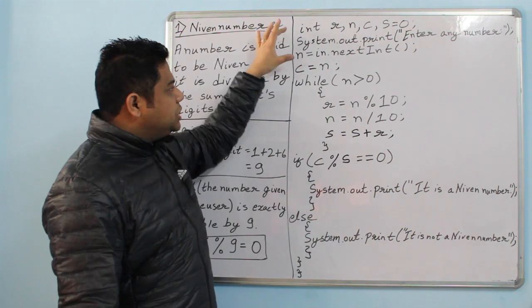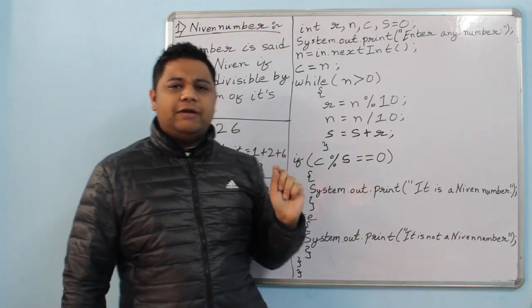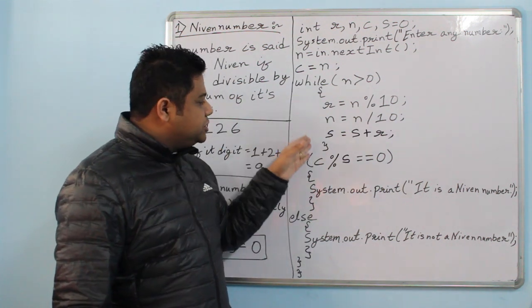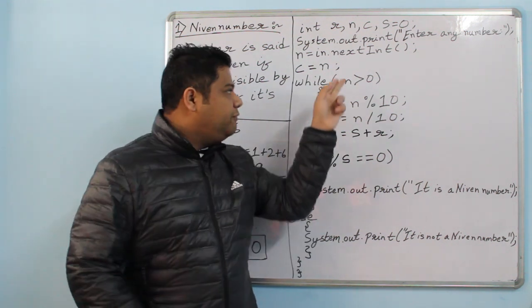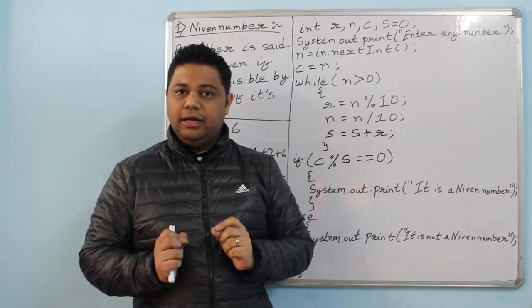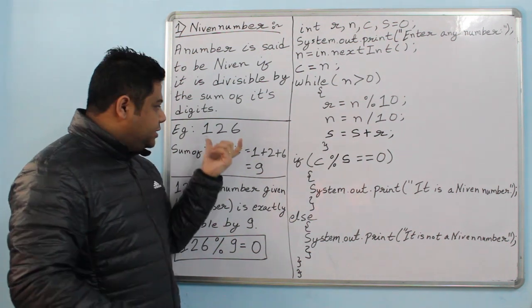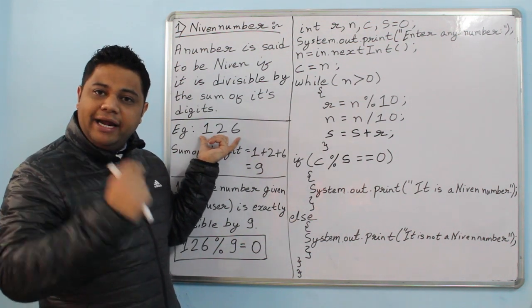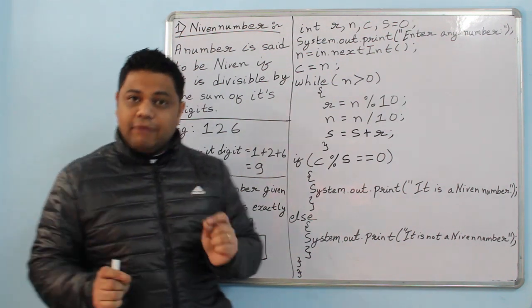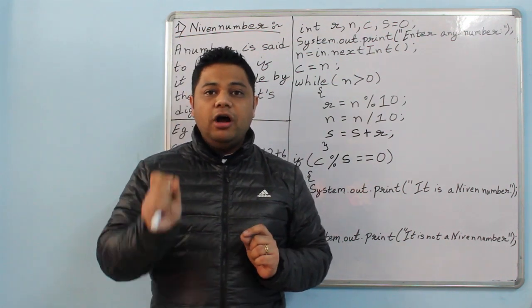After that, we ask the user to enter any number and that will be stored inside n. Whenever we use the loop, you know that the value of n at the end of the loop is 0. But in this program the original number is required again, because we have to check the original number modulus the sum of digits to see whether it is Niven or not.